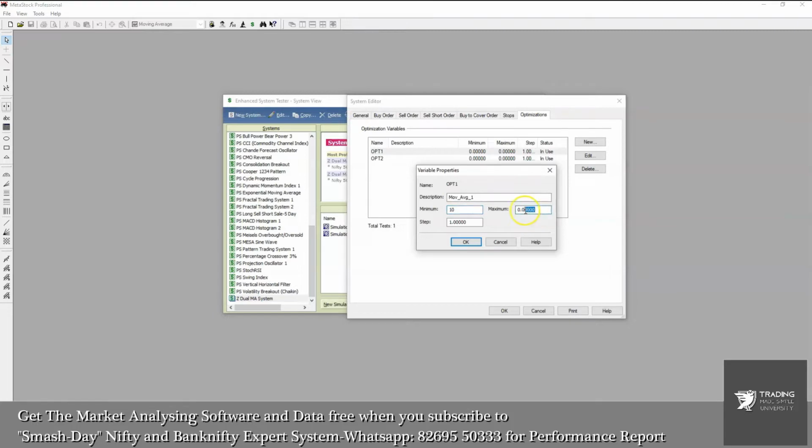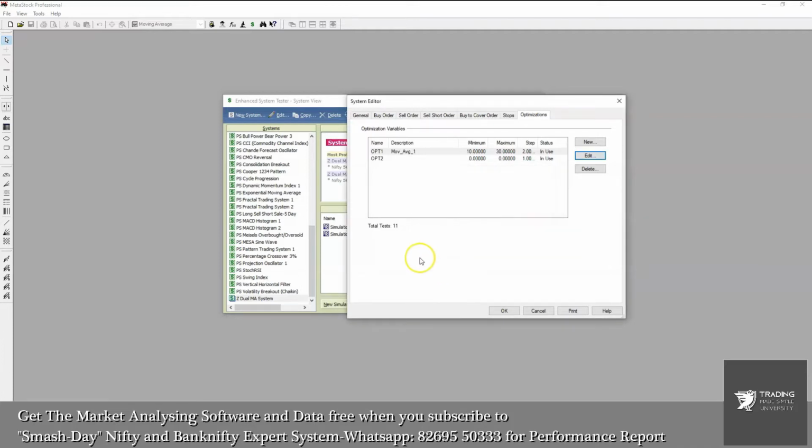So we will start our testing with 10-day moving averages and go till 30-day moving averages in steps of 2, like 10, 12, 14, 16, like this. So there will be 11 tests, okay?